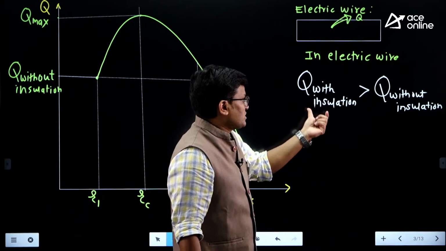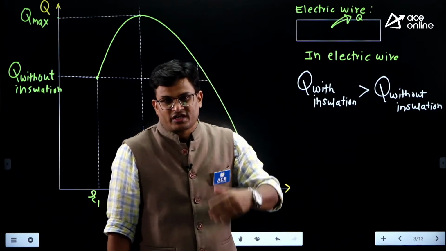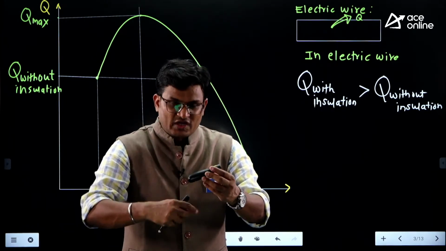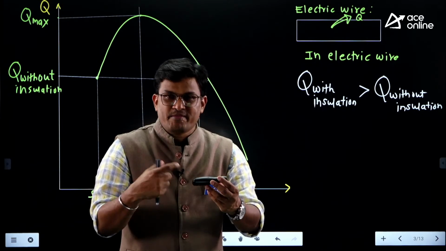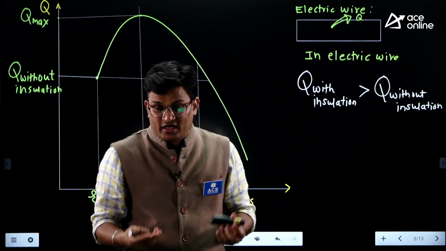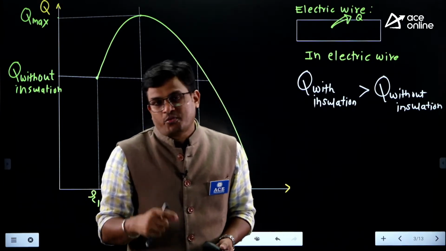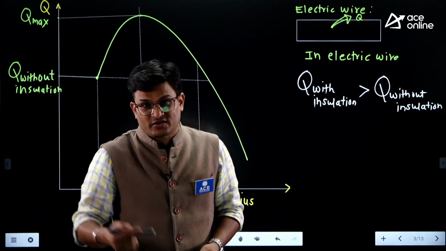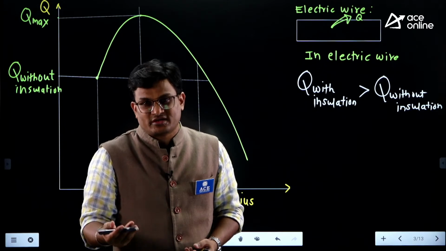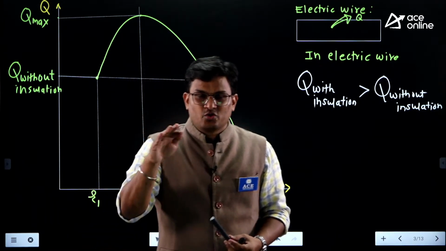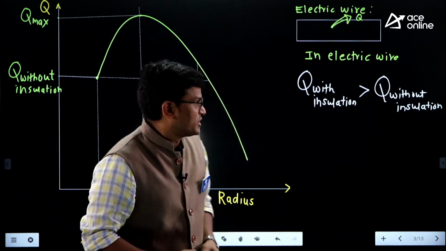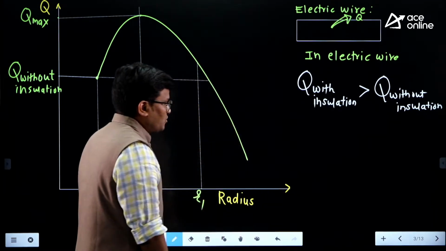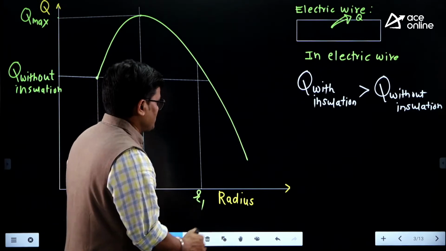It means in case of electric wire, the purpose of insulation is to enhance the heat transfer. So whatever we are insulating the wires, make sure that insulation is provided for two reasons. One, to provide safety from electric shock, and second, to enhance the heat transfer. Of course, this may sound opposite. Generally we insulate to reduce the heat loss, but in this case we are going to insulate for increasing the heat loss. So Q with insulation greater than Q without insulation. That is the first thing.